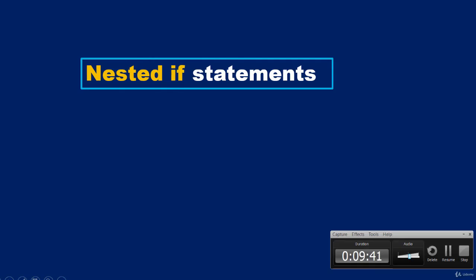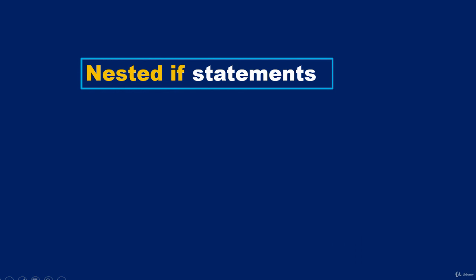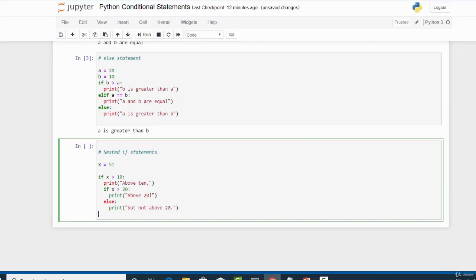We also have what is called a nested if statement, which is basically an if statement embedded inside another if statement. I have added a block of code into this cell to illustrate how it works. I've got a variable x, which has a value of 51. My first if statement is checking if x is greater than 10.